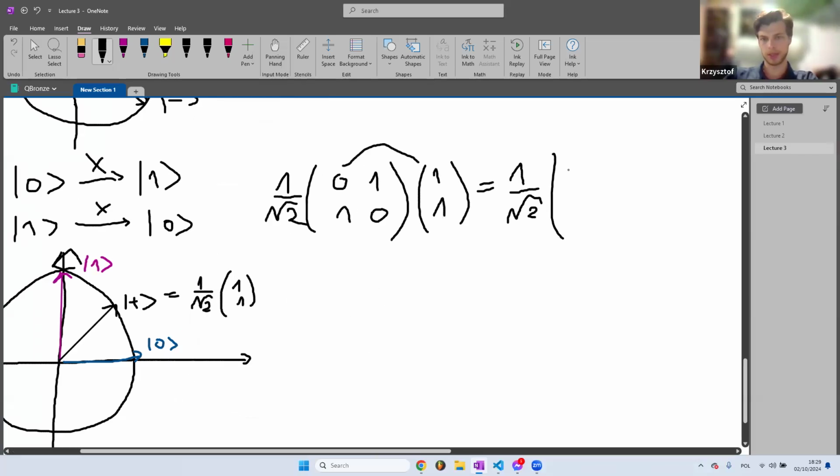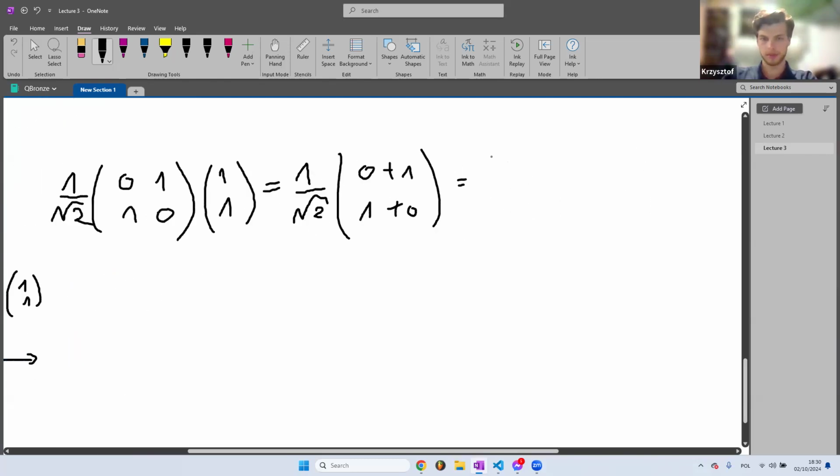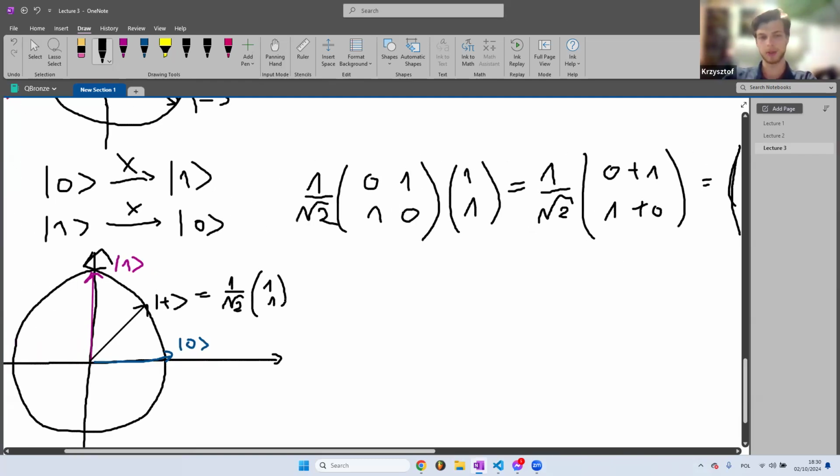Multiplying, 0 times 1 plus 1 times 1 gives 1, and 1 times 1 plus 0 times 1 gives 1, so we get 1 over square root of 2 over 1 over square root of 2. You can see that this state is exactly the same state after the transformation.